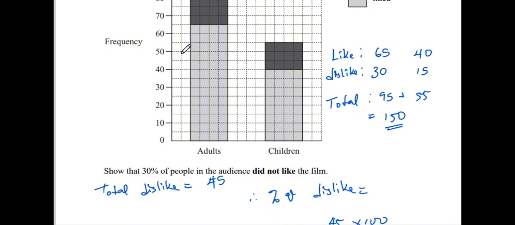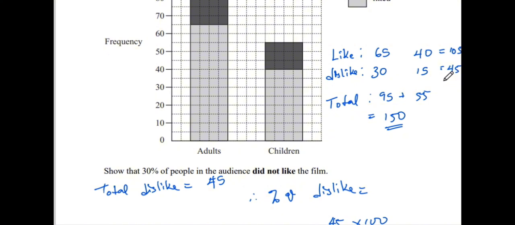So meaning that about a total of 95 adults and 55 children. Then people that like the movie, we have about 105, and about 45 dislike. So 105 people like the movie and 45 people dislike the movie.